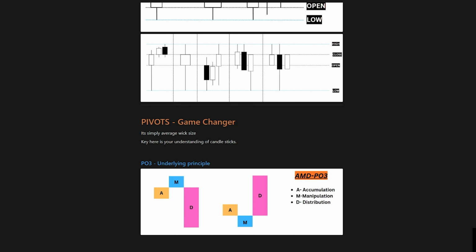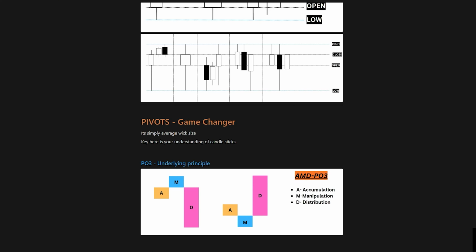So pivots have been the biggest game changer of my trading career. It matters how you look at it. So let's see what pivot means. There are different definitions all over the internet, but the pivots which I use are just the simple average wick size.